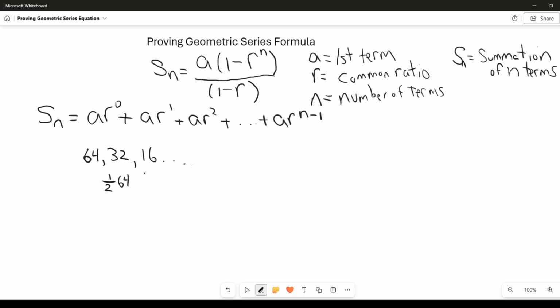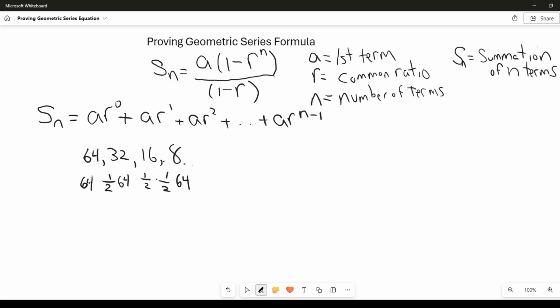And to get 16, I've taken half of 32. And then the next term would be 8, which is half of 16. And for the 64, I didn't even take half. So your a would be the 64. The ratio is a half.